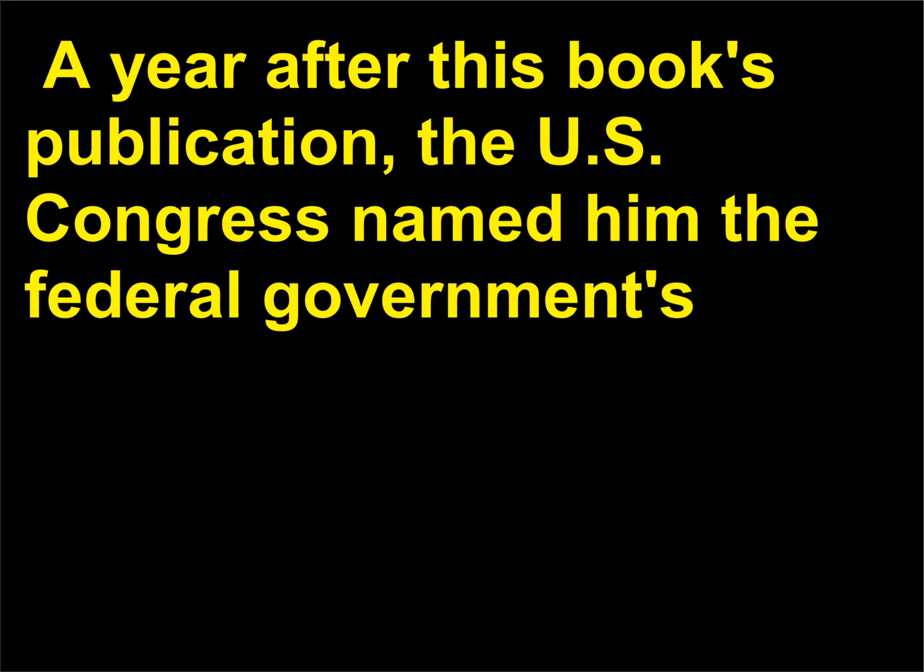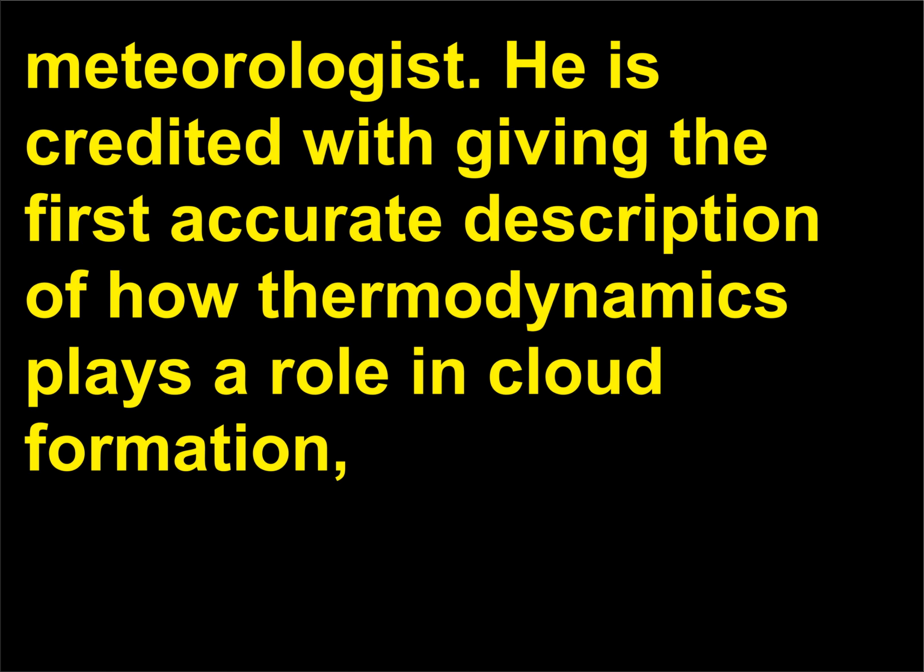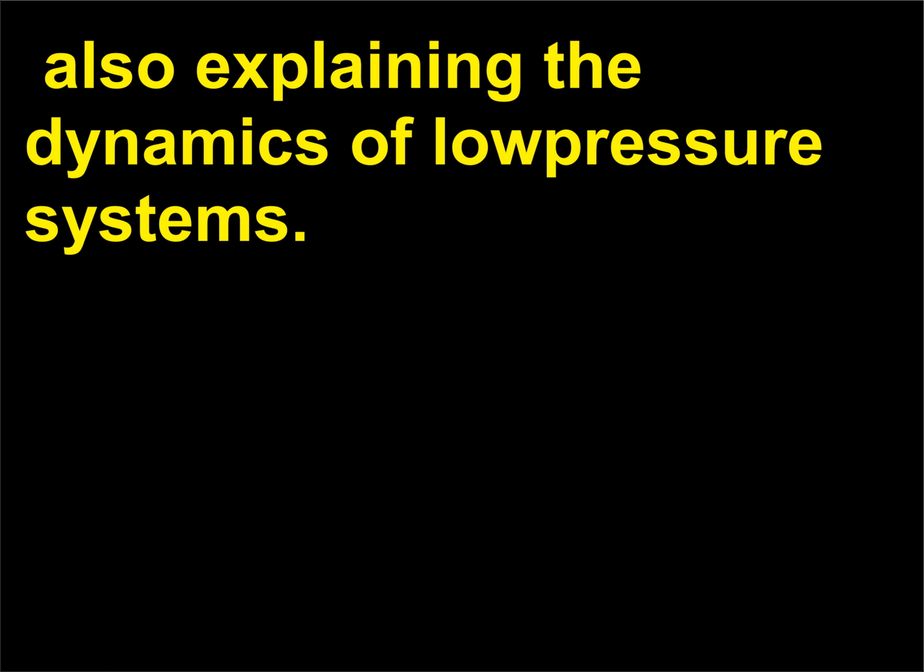A year after this book's publication, the U.S. Congress named him the federal government's meteorologist. He is credited with giving the first accurate description of how thermodynamics plays a role in cloud formation, also explaining the dynamics of low-pressure systems.